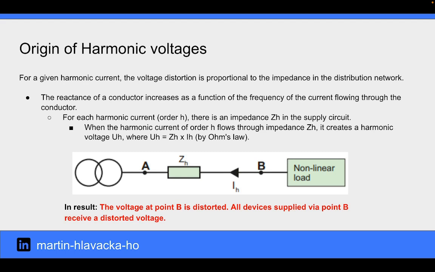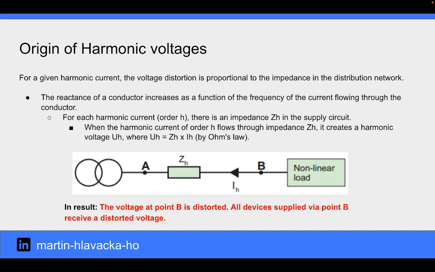For a given harmonic current caused by the nonlinear load, the voltage distortion is proportional to the impedance in the distribution network. The reactance of a conductor increases as a function of the frequency of the current flowing through the conductor.